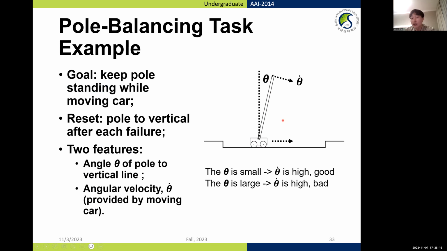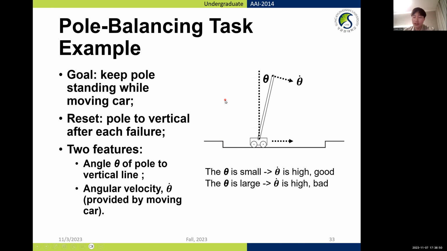If theta is large, the pole is about to fall down and will fail to maintain this standing position. Then if at this moment theta dot is high, it's not good, because it will accelerate its failure, accelerate its drop down, right? So this is an example of how those features may interact with each other.